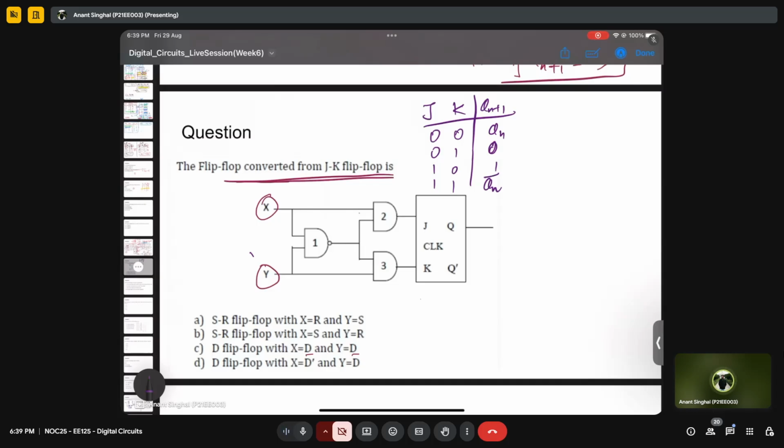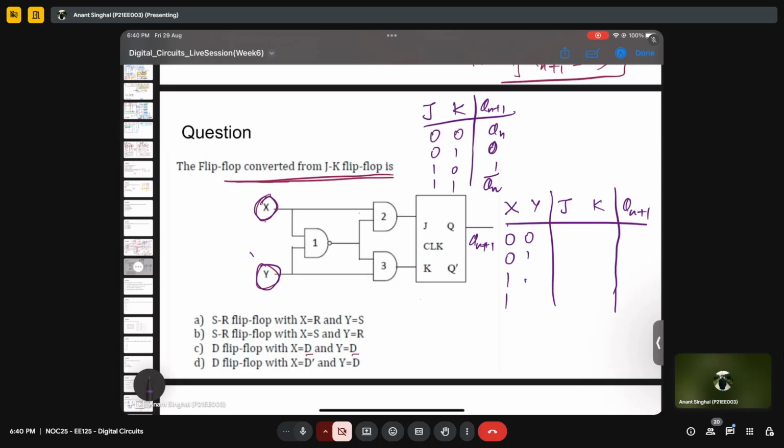I'm making it because we can have different combinations of X and Y and we can calculate X and Y in terms of Qn plus 1, so that we can see what exactly is an XY flip flop. So let's try to do that. Let's say this is X, Y, J, K, and this is Qn plus 1. So X and Y can be these cases, right? Now you can clearly see this is J and this is K.